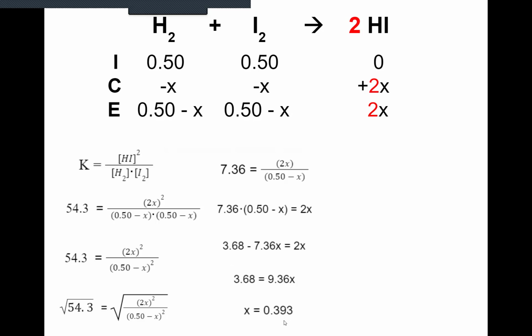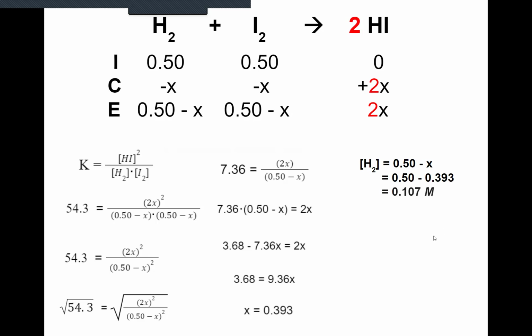We now have a numerical value for X. In the equilibrium line of the ice table from above, we have expressions for each equilibrium concentration in terms of X. All we need to do now is plug in X and solve for each one. So in the case of H2, 0.5 minus X, that would be 0.5 minus 0.393.